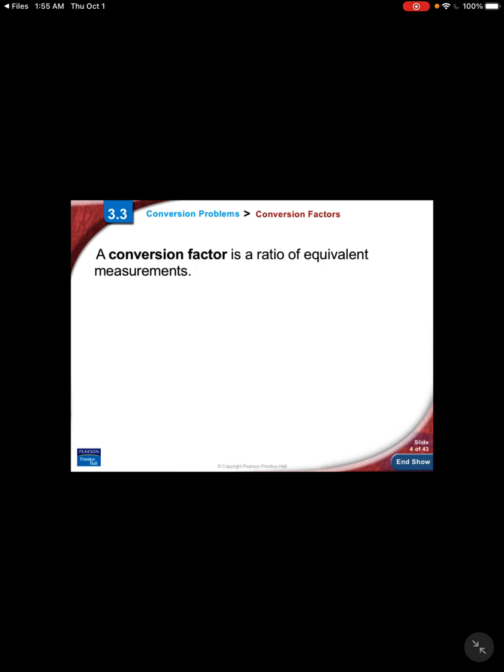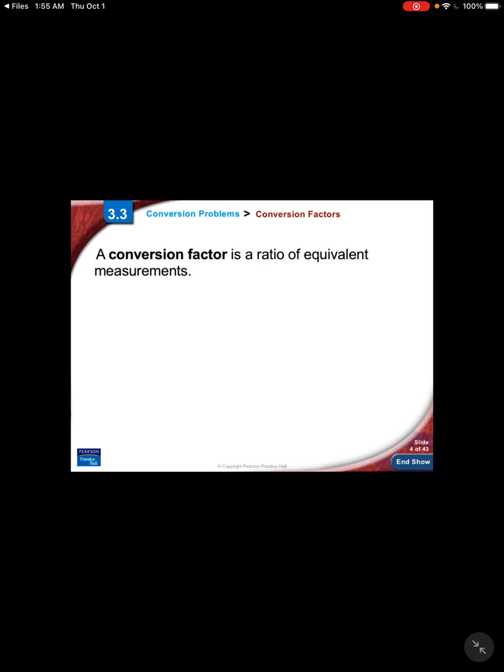So, as this says here, a conversion factor is a ratio of equivalent measurements. And a good example of that would be 60 minutes in an hour. 1 hour is equal to 60 minutes. Or 1 minute is equal to 60 seconds, or 60 seconds is equal to 1 minute.